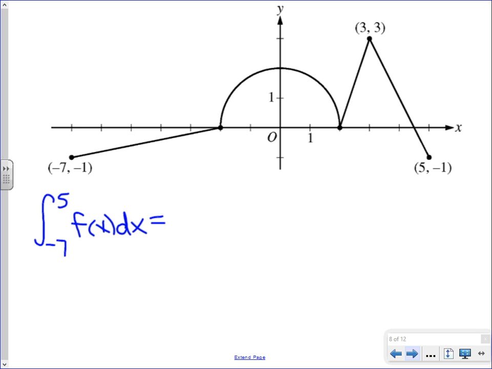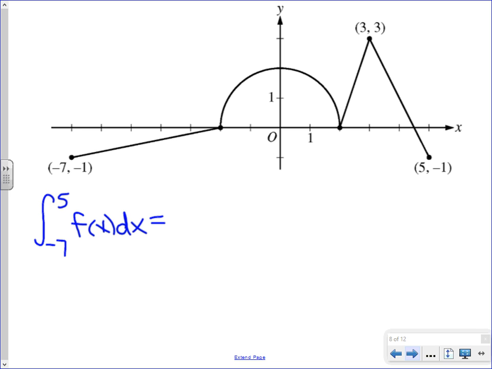Okay, so find the area here. That's it? That's all we have to find? All the way to 5? In the circle. And then in the triangle. Then we have it.